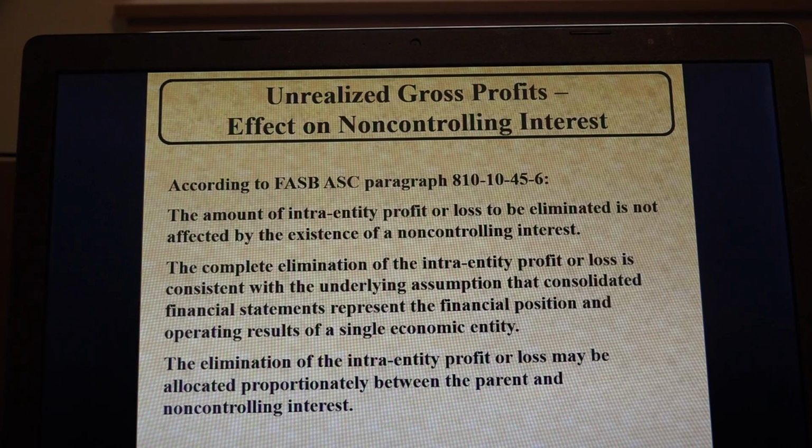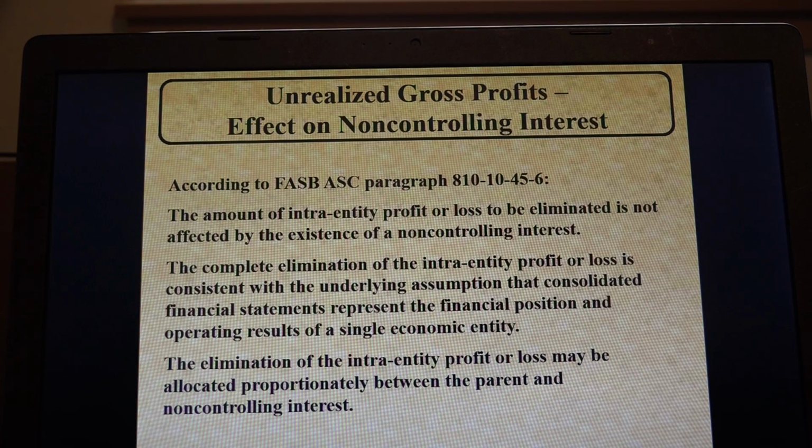All right, next thing we want to do is talk about how these intra-entity transactions work in the presence of a non-controlling interest.